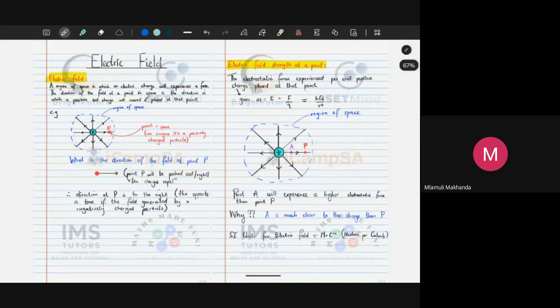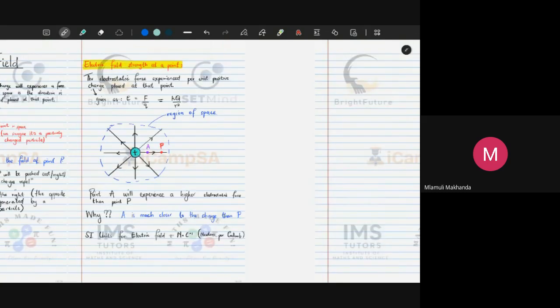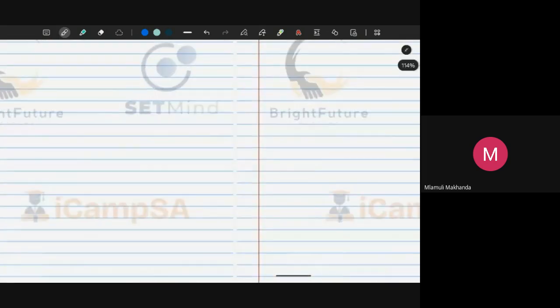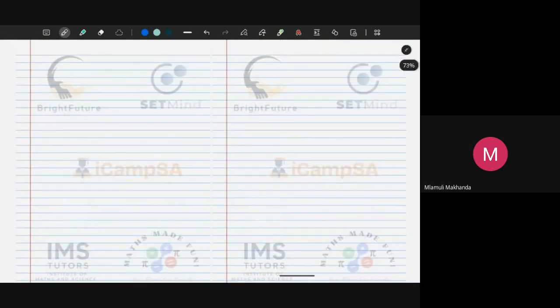That's all there is to it. So that is one thing you must understand about the electric field. So we have electric field strength at a point, then we have just the electric field, the definition of an electric field.